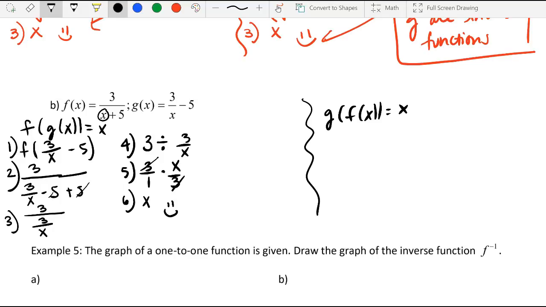Let's try this one out to see if we will get the same. Here we go. g of f of x is 3 over x plus 5. Carefully make sure you're writing the 5. If it's on the bottom, make sure you show that the entire thing is on the bottom. In step 2, we are now using the g function, so 3 over x plus 5.